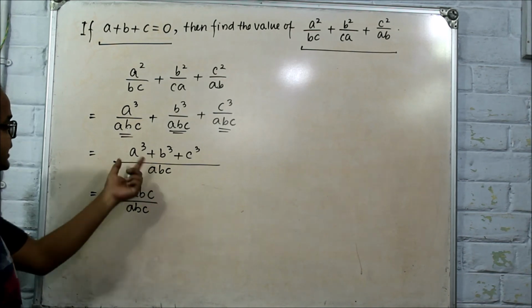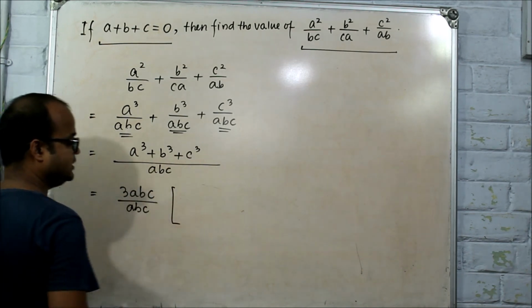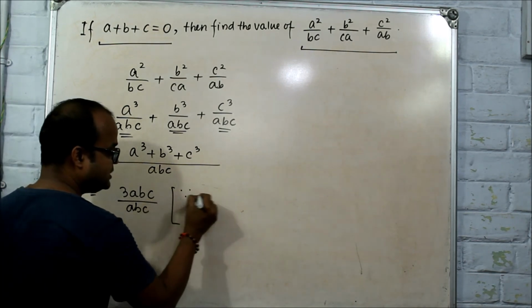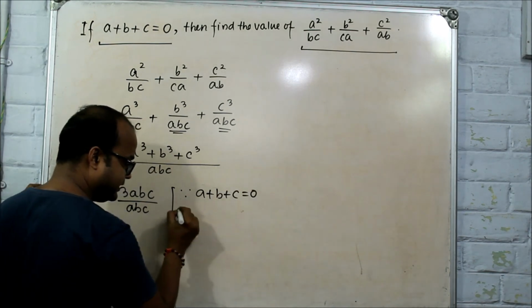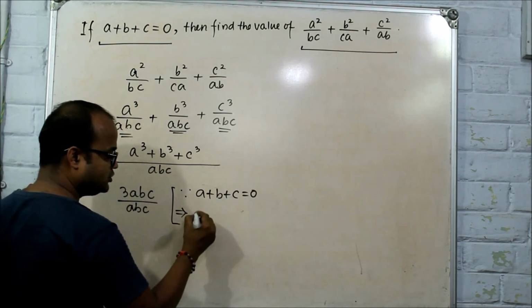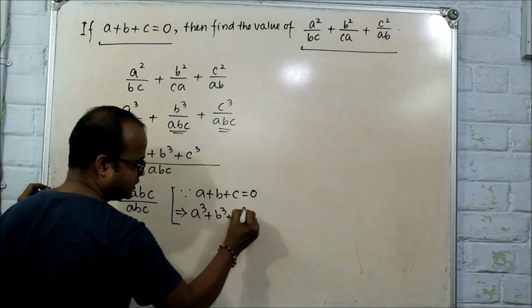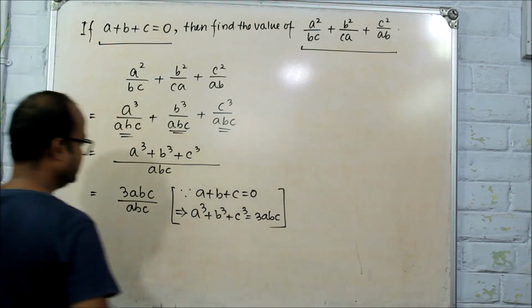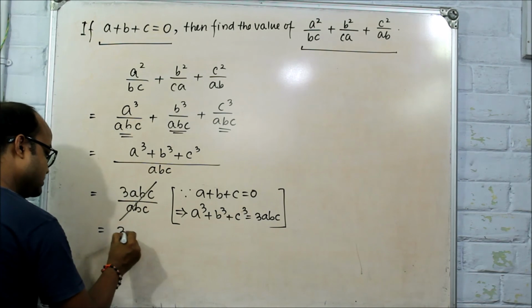How can you write a cube plus b cube plus c cube is equal to 3abc? Here we cite the reason: since a plus b plus c is equal to 0, the formula says a cube plus b cube plus c cube is equal to 3abc. So 3abc by abc, 3abc by abc, cancel, your answer is 3.